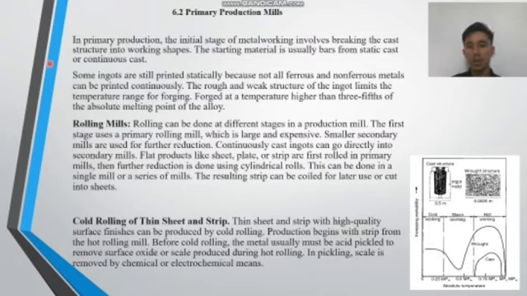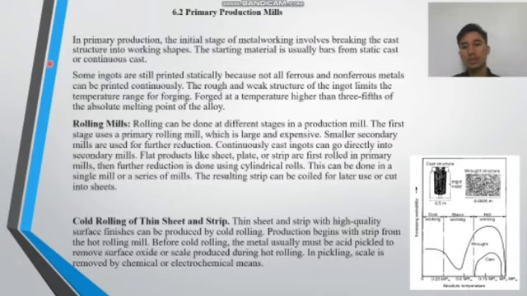Some ingots are still cast statically because not all ferrous and non-ferrous metals can be cast continuously. The coarse and weak structure of the ingot limits the temperature range for forging. Forge at a temperature higher than 3/5 of the absolute melting point of the element.